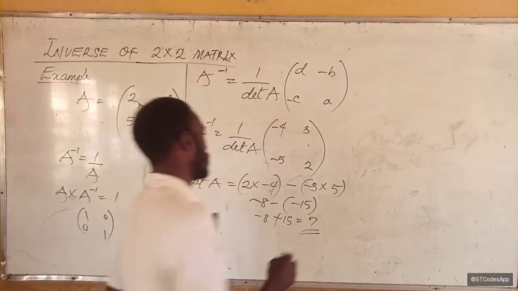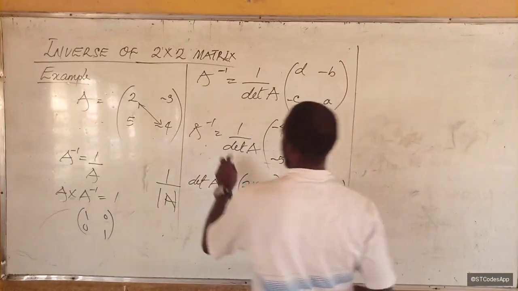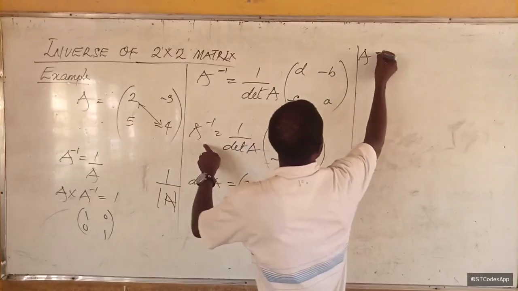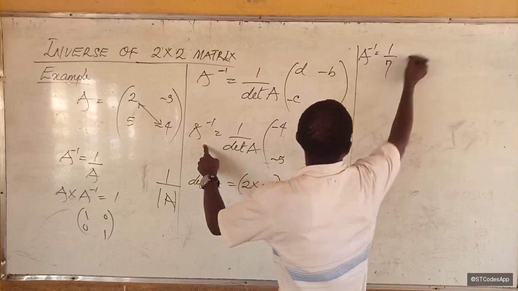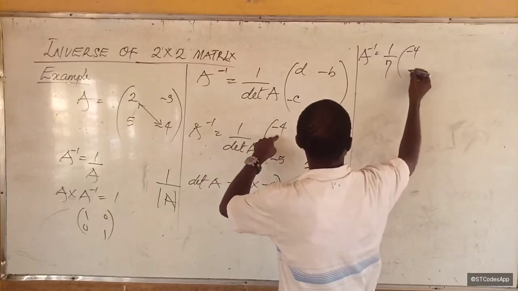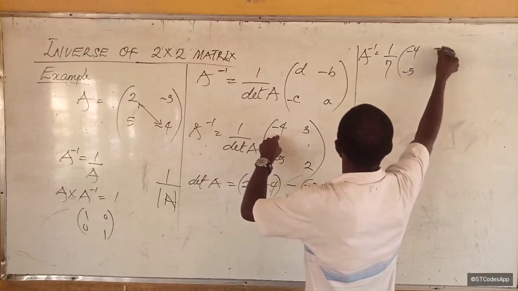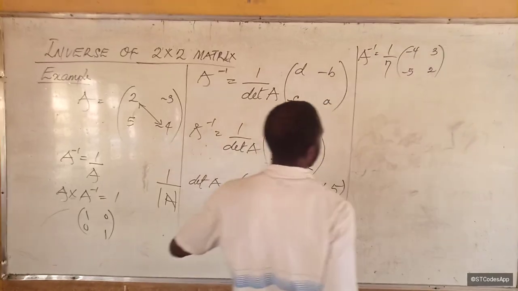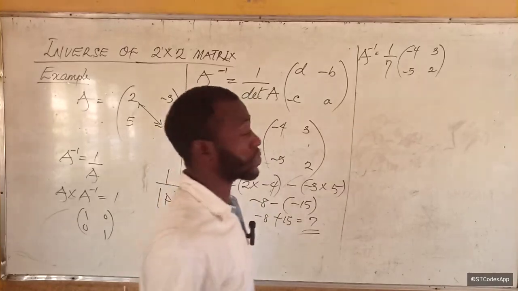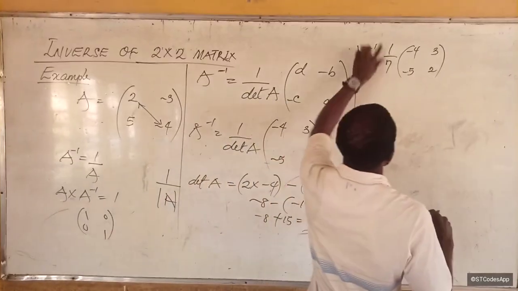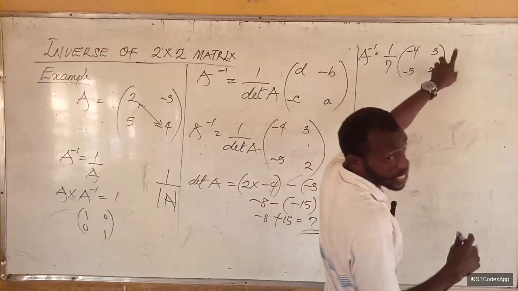All right, so then we further continue. It means that our formula has become 1 over 7 multiplied by the matrix minus 4, minus 5, 3 and 2. So simply, we'll use the 1 over 7 to multiply all the elements here.